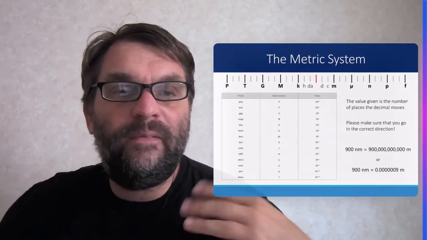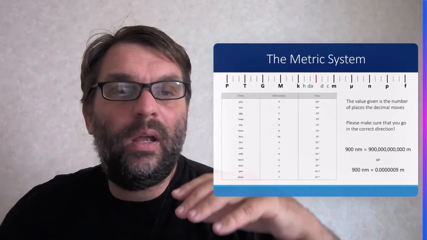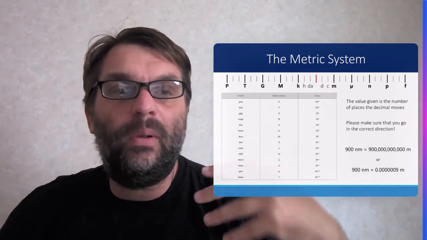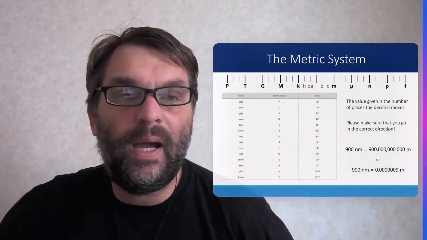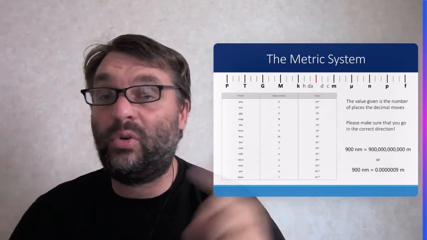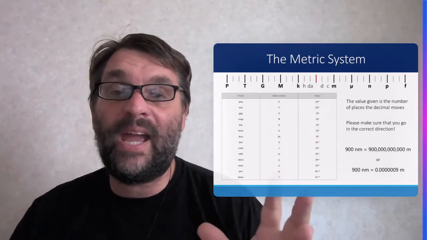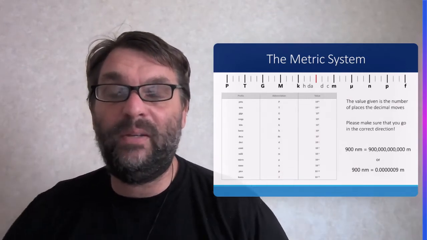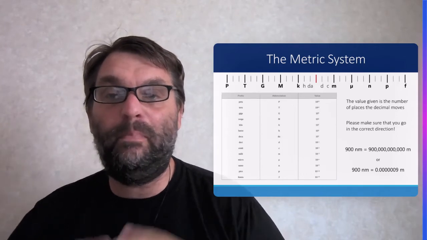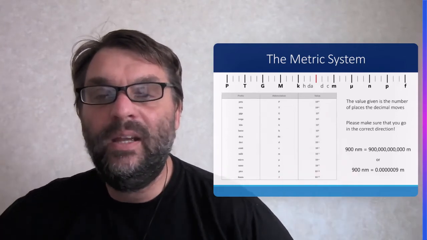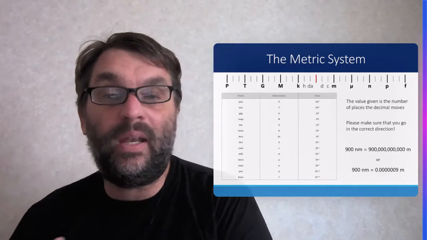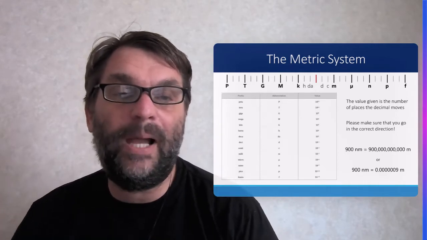The value given in the exponent is the number of places the decimal point moves, so make sure you go in the correct direction. You don't want to be saying the sizes involved in bacteria are 1 billion meters. It's 1 times 10 to the negative 9 meters if we're dealing with the nanoscale.